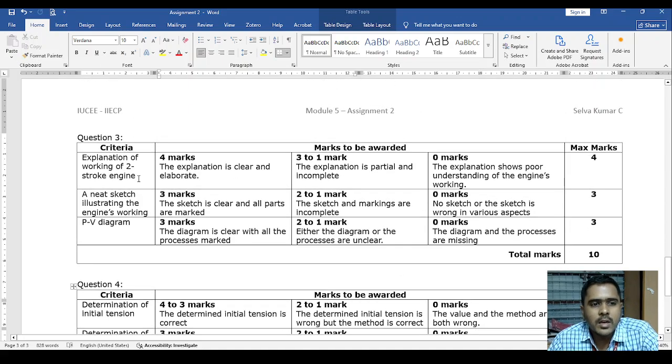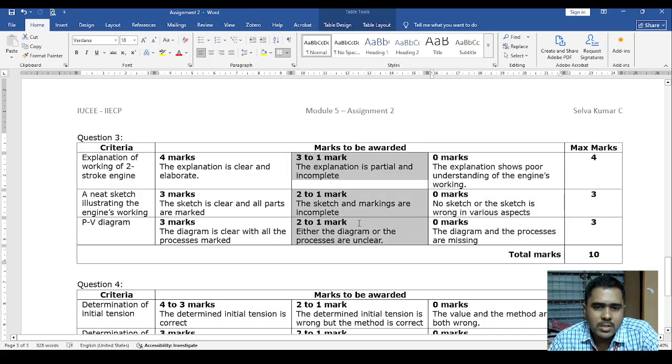Coming to this third question, which is of the understand Bloom's level, here I have subdivided this into three categories. One is for the explanation, one is for the sketch, and another is for the PV diagram. Again here we face a clear demarcation when we deal with students who have written everything clearly, and on the other hand the students who have not written anything, we can clearly distinguish them.